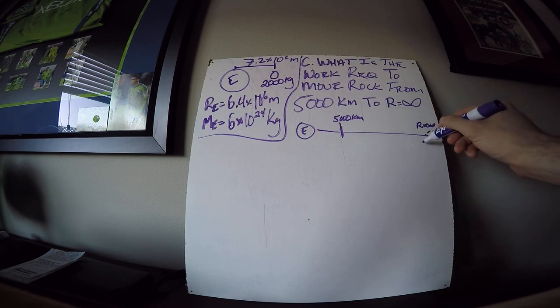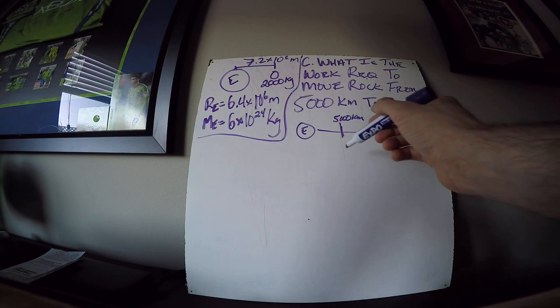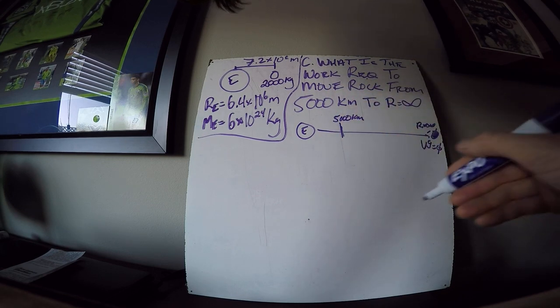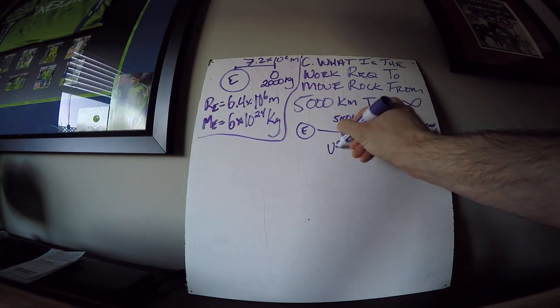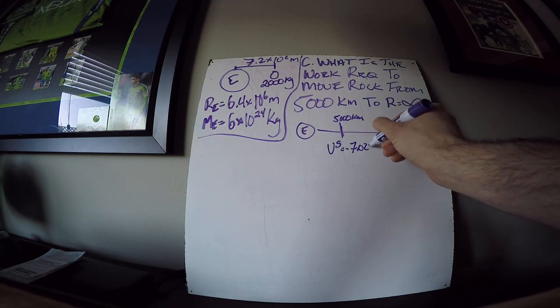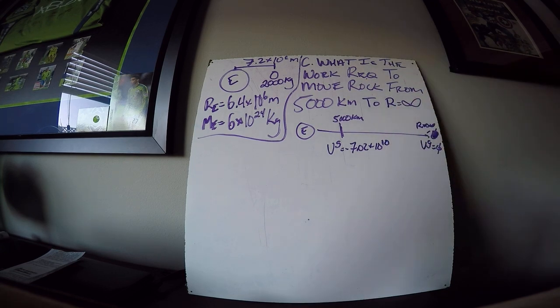At r equals infinity, you have potential energy equal to 0, we said. And we just calculated in part B that the potential energy here was UG equals negative 7.02 times 10 to the 10.